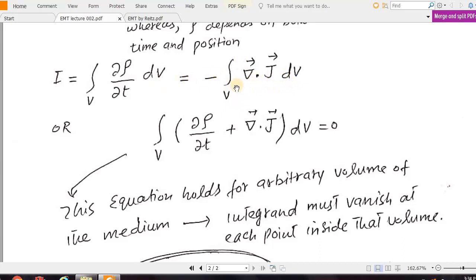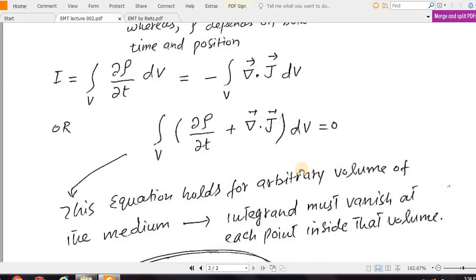Put this term on the left hand side. Now by taking common the integration over the volume V and dV, the bracket term is partial rho over partial t plus del dot J.